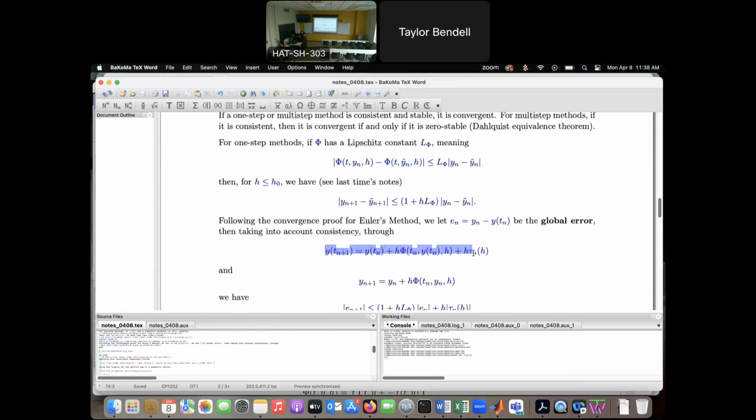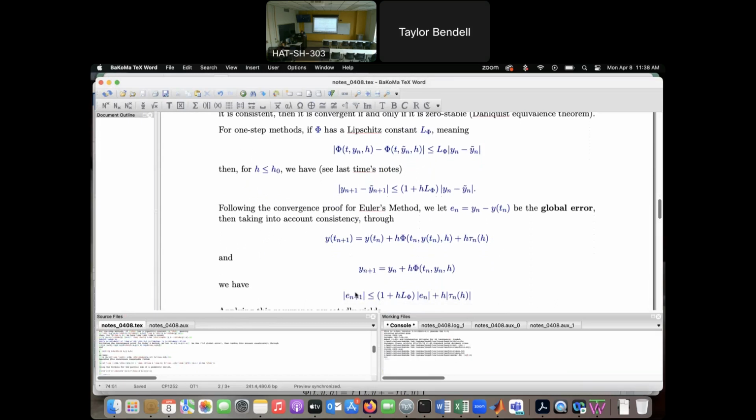And here we have, for consistency, by substituting the exact solution into the one-step method, our local propagation error term here. Subtract this from the method itself, and we get this. And this comes from applying the Lipschitz condition that we have for phi.